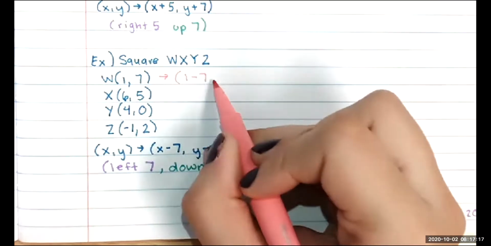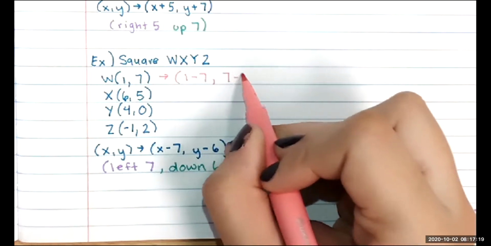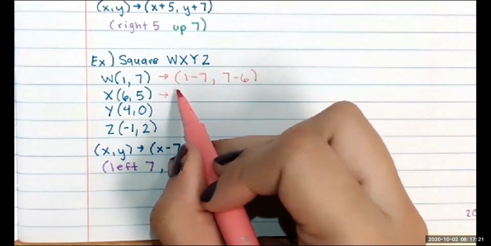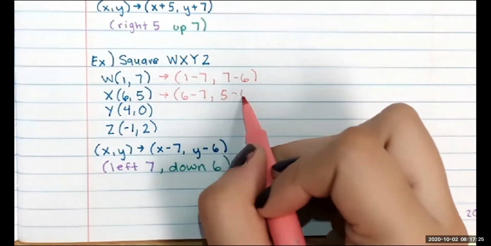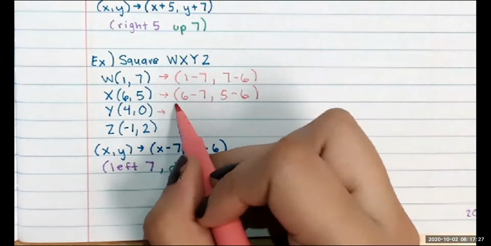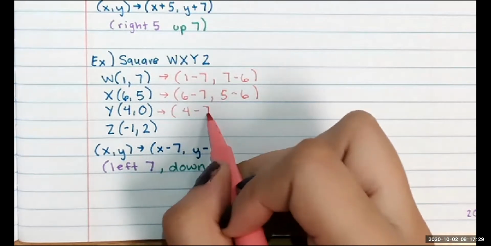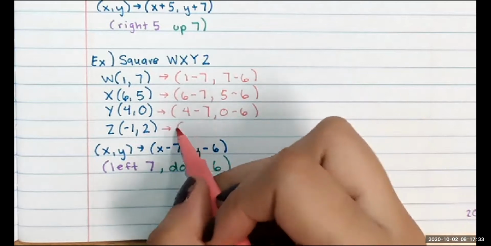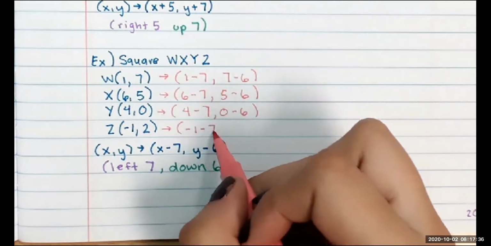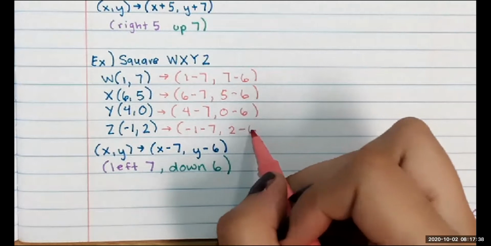So we're doing 1 minus 7 here, 7 minus 6 here. 6 minus 7, 5 minus 6, 4 minus 7, 0 minus 6, and -1 minus 7, 2 minus 6.